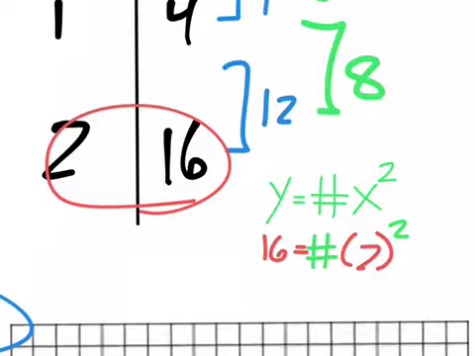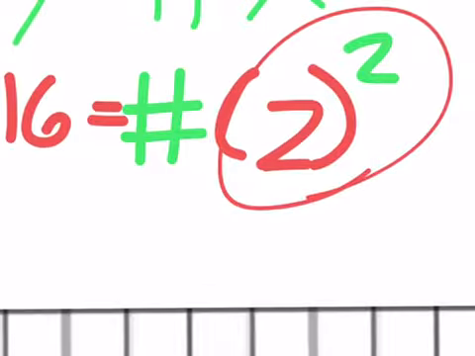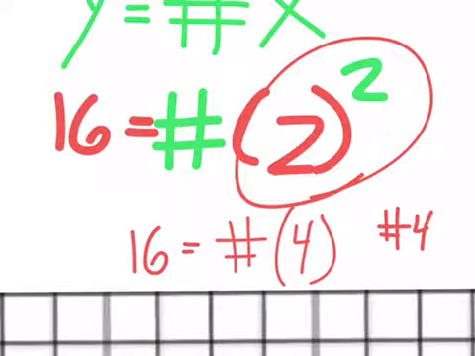And we're plugging in 2 here. So 2 squared gives us 4, so 4 times a number will equal 16. That has to be 4 times 4, so I know that mystery number is a 4.